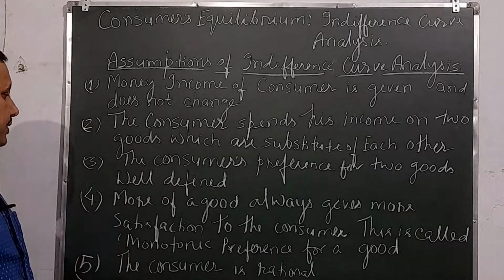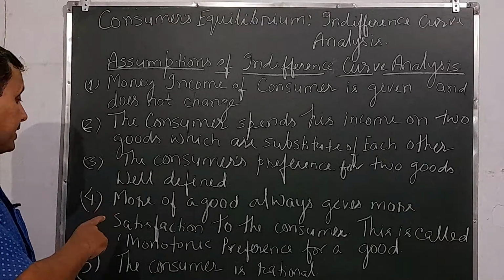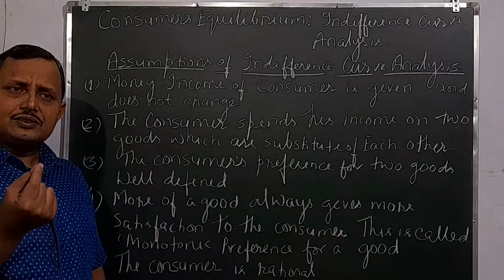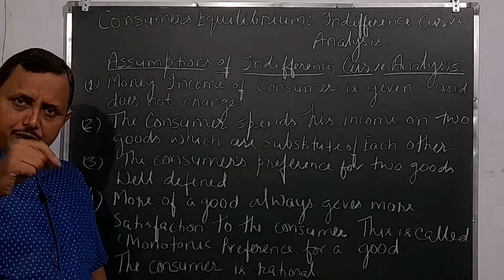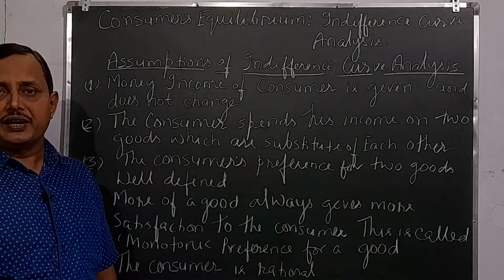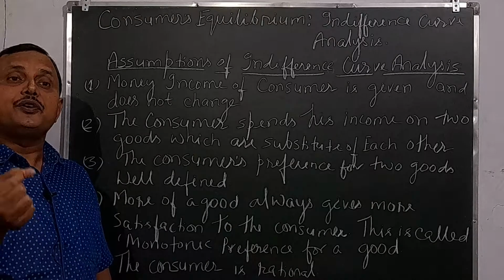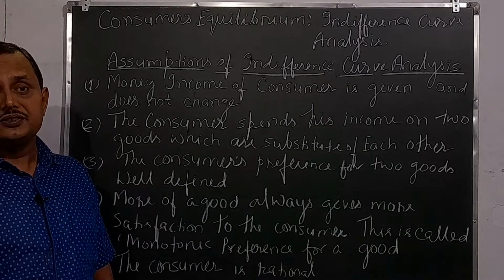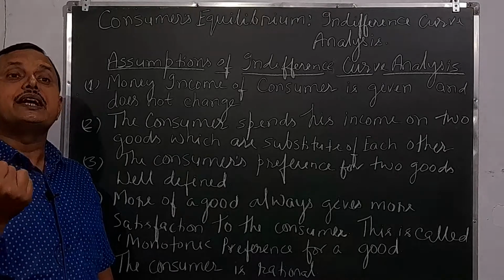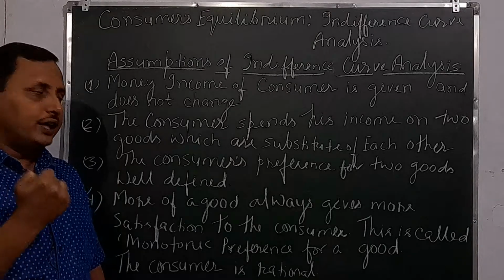Now fourth assumption, more of a good always gives more satisfaction to the consumer. In one case, consumer is having one unit of a commodity. In second case, he is having several units, say 4, 5, 6, 10 units. When he is having more units of a commodity, he will get more satisfaction or more utility.